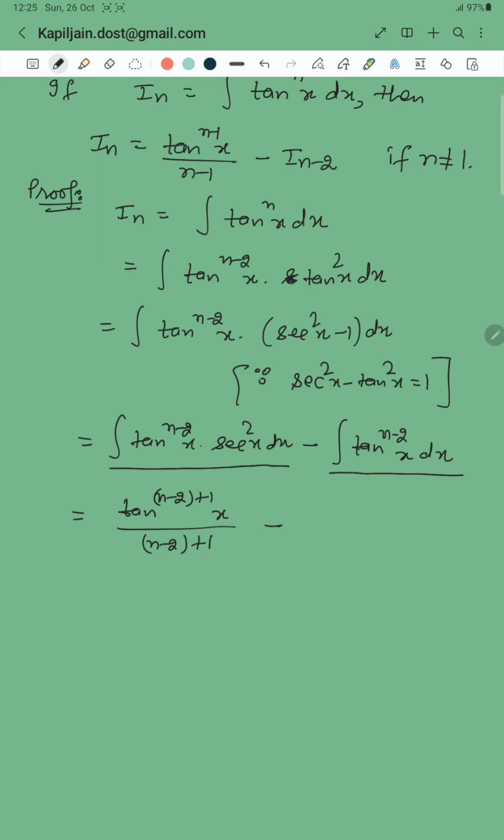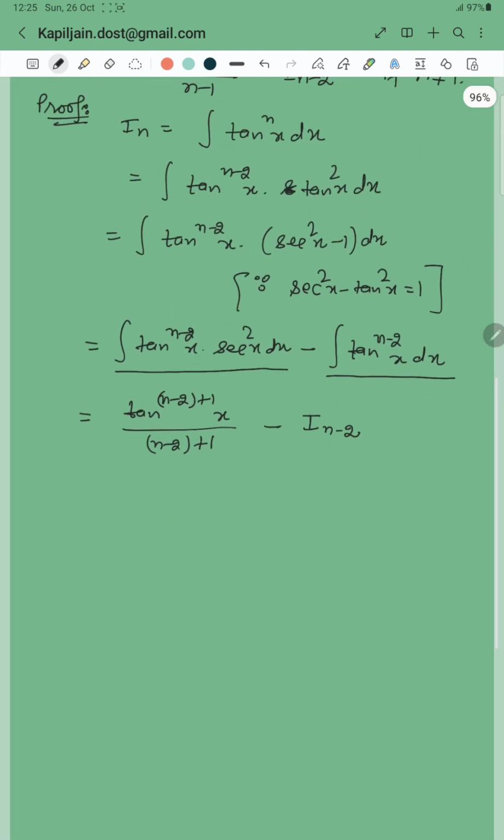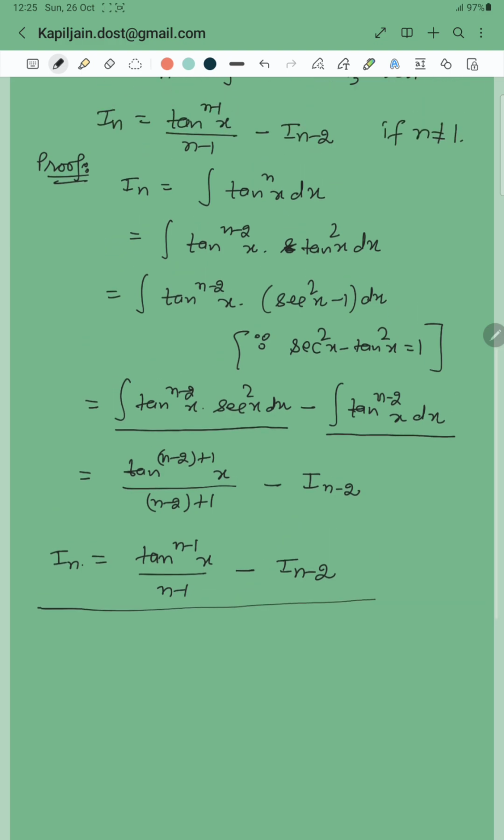So replacing n by n minus 2, we get this integral is In minus 2. So finally this In is equal to tangent raised to power n minus 1 x divided by n minus 1 minus In minus 2. So we have proved our first reduction formula.